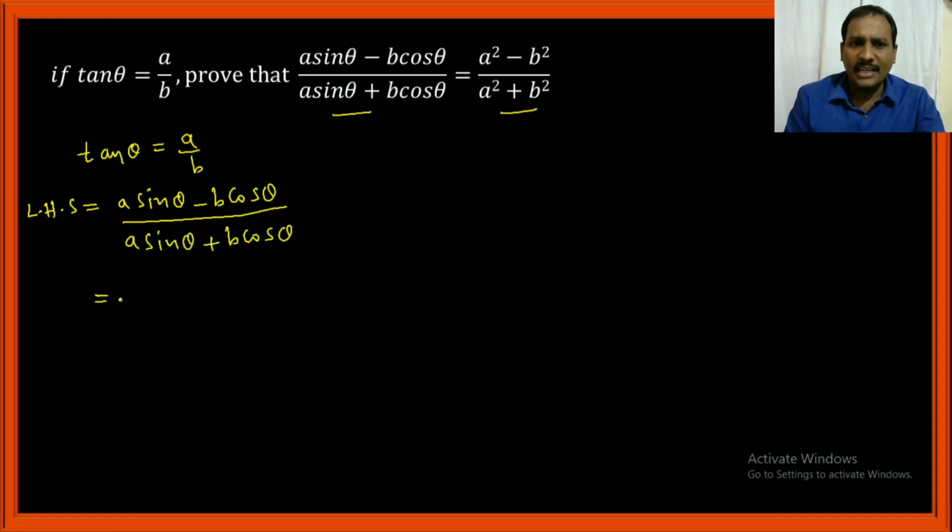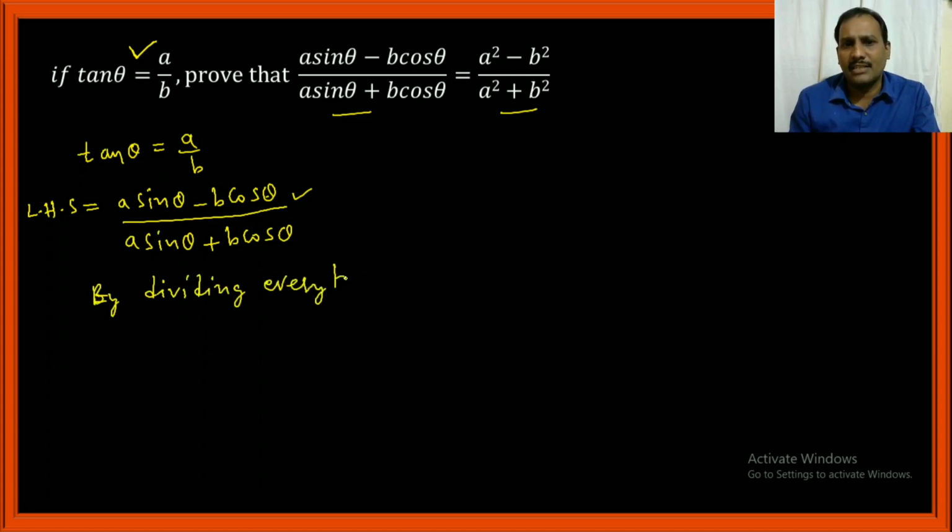Now what is the hint we have in the problem? Only we have the value of tan theta. Let us make use of the tan theta. Now in the given expression here, we have sin theta and cos theta only. So try to bring tan theta into these terms. How to bring? Just now we did a problem. Yes, by dividing every term by cos theta.